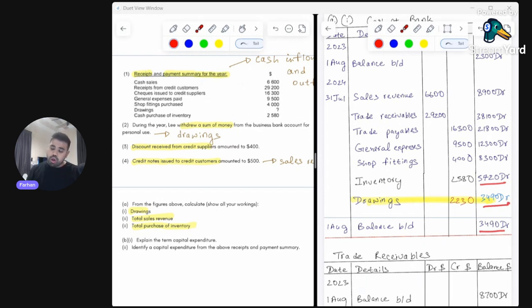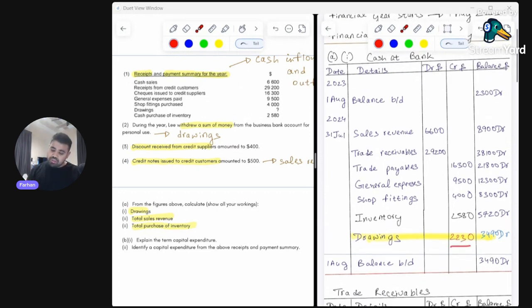So if we were to go from 5720 to 3490, we need to find the difference that we have lost. And that difference is $2,230, which makes sense to include in the credit column, because only then can this be subtracted from the previous ending balance of 5,720 debit to give us a final balance of 3,490 debit.